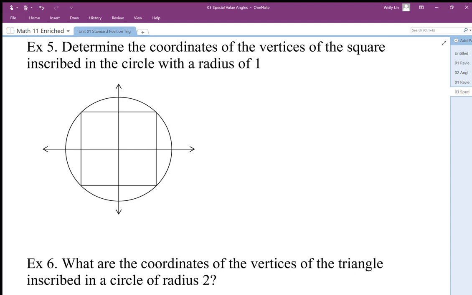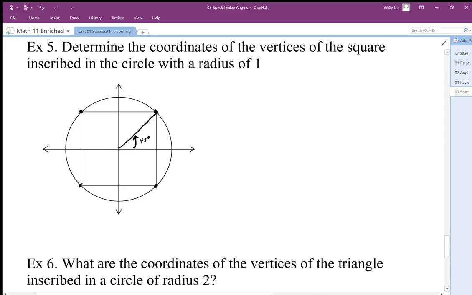Here we have a square inscribed in a circle, and we want to find the location of these points in the circle. Okay, and we know that if we draw a line to that point it references a 45-degree standard position angle.